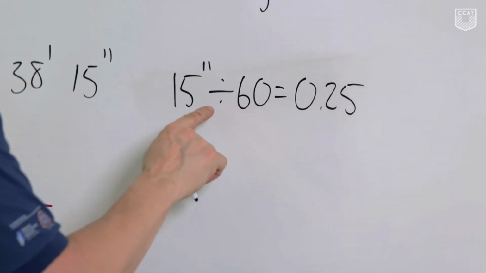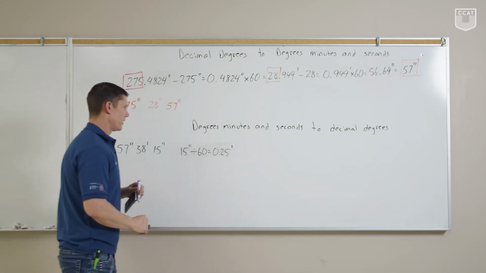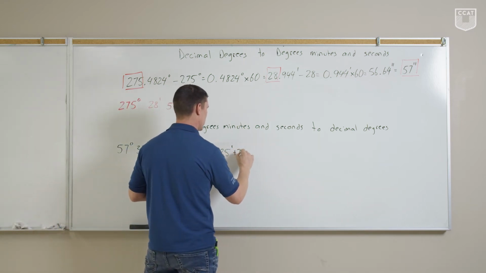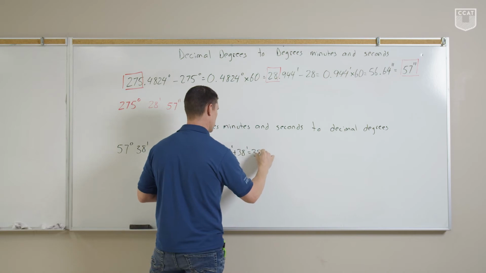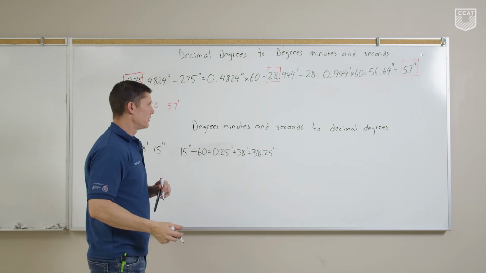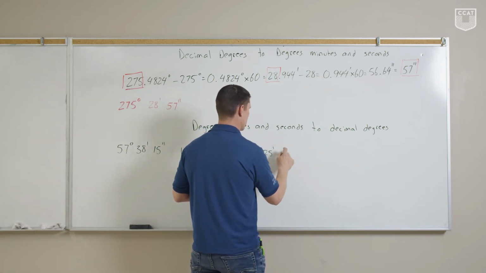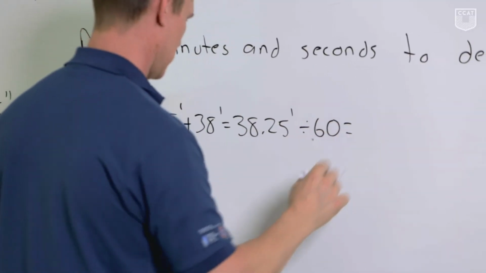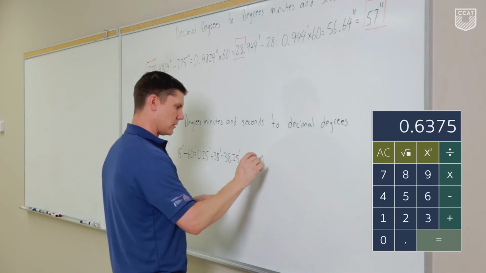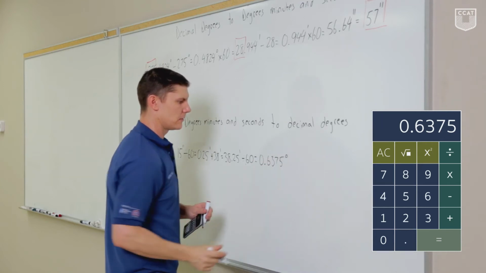That equals 0.25. Now we divided the seconds by 60, so now we're in minutes: 0.25 minutes. We add the 38 whole minutes to that number, so plus 38 minutes equals 38.25 minutes. Then we take that number and divide by 60 again to turn that into degrees, which equals 0.6375 degrees.